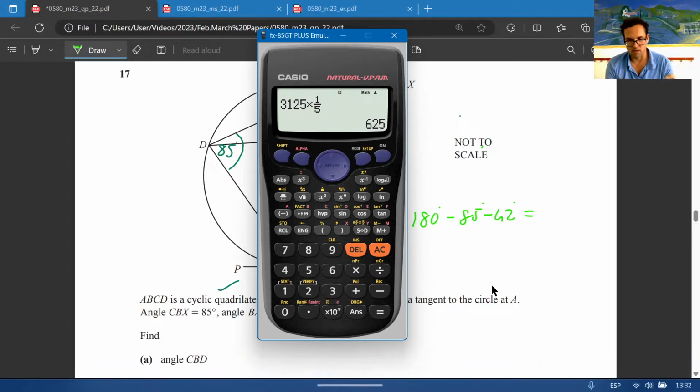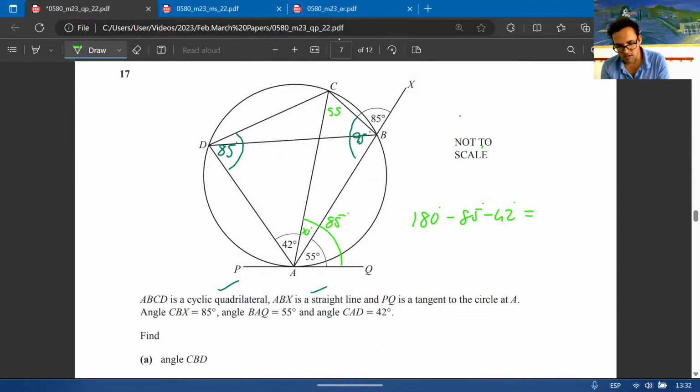Where's my calculator gone? 180 minus 85 minus 42, 53. Okay, sweet. So this is 53. Angles on a straight line. Oh, and then we've got another alternate segment. This time PAD, the triangle DAC. So it means up there we've got 53.